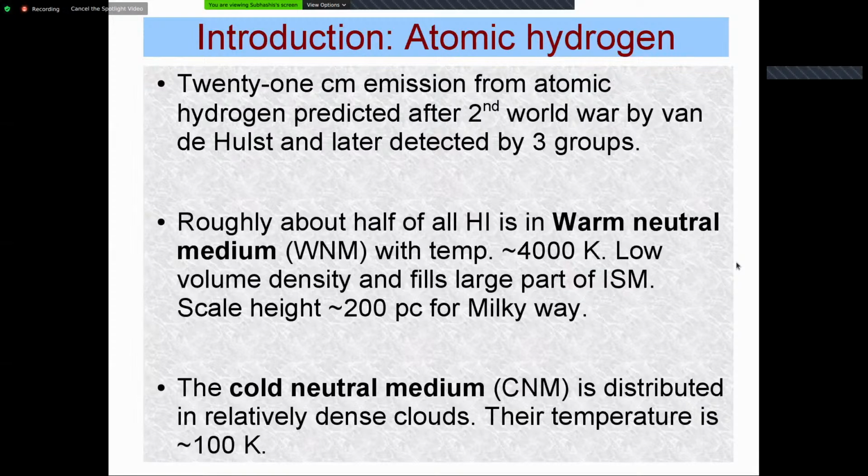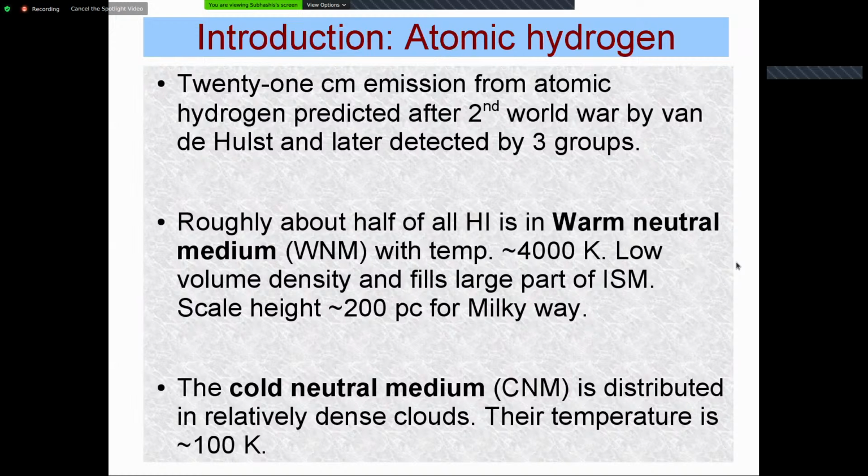Now, when we talk of H1, this is not exactly like a Bohr transition. It goes a little bit deeper into quantum mechanics, but this is the only emission which is very strong and easily detectable in the radio band. How it originates, you have to go somewhat deeper into quantum mechanics, into what the quantum levels are and so on.